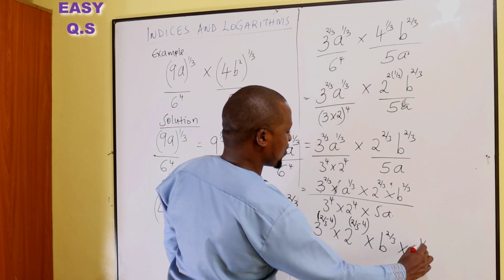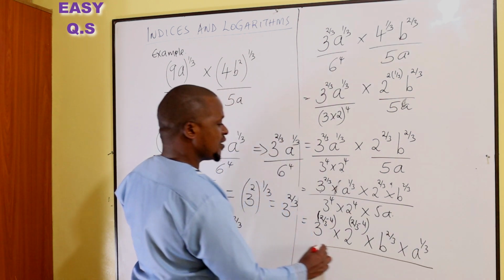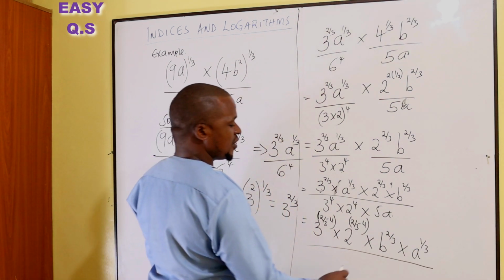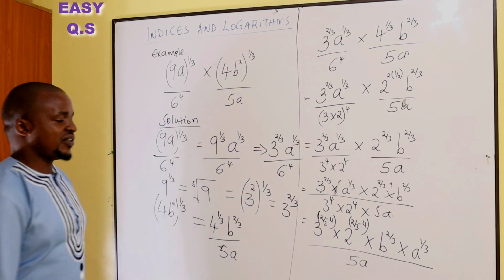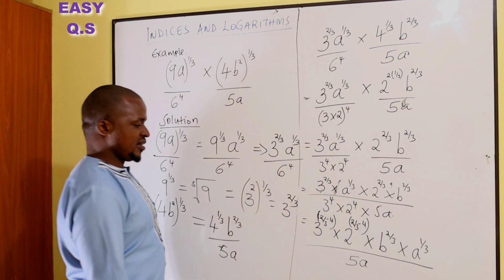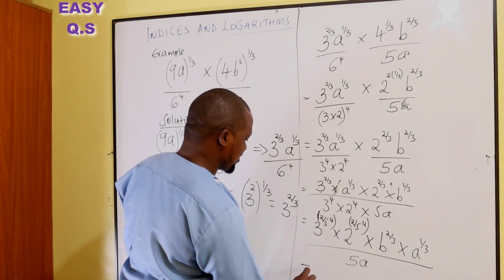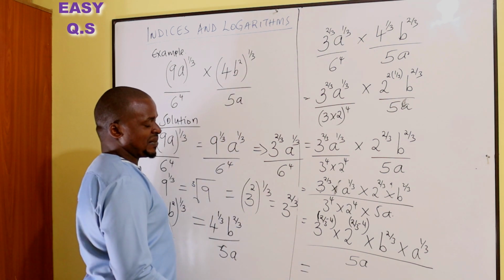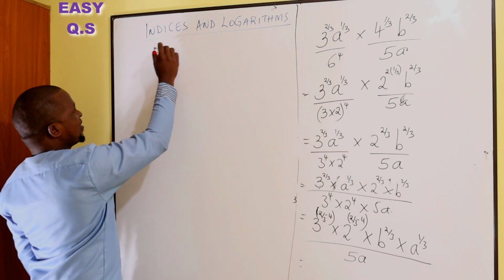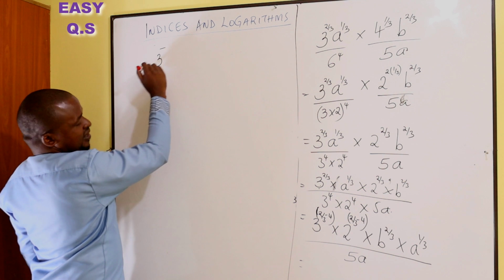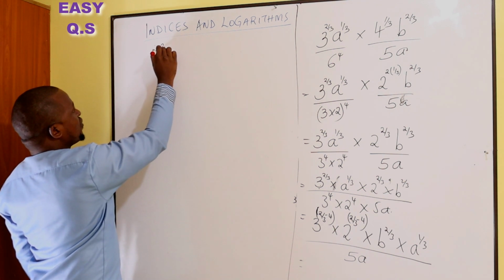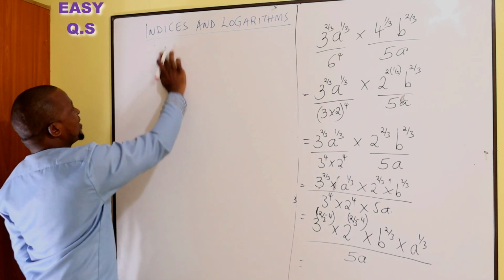Times a raised to the power 1 over 3, we will be left with 5a. So when you subtract the powers, let's do this first.